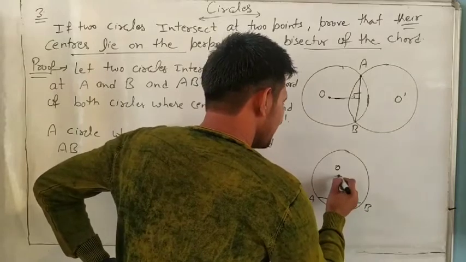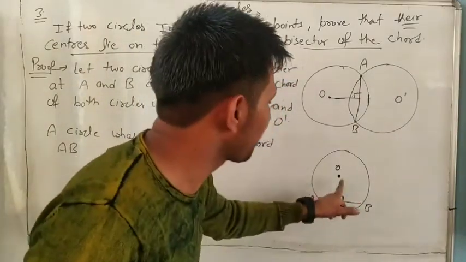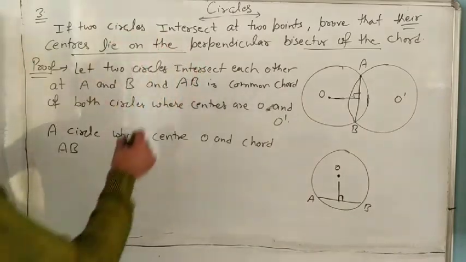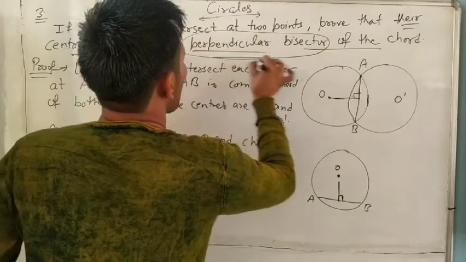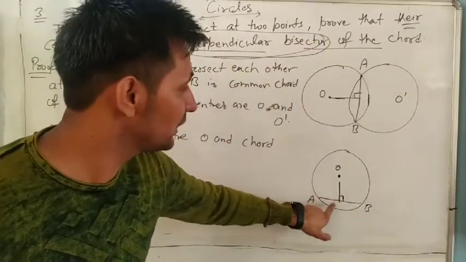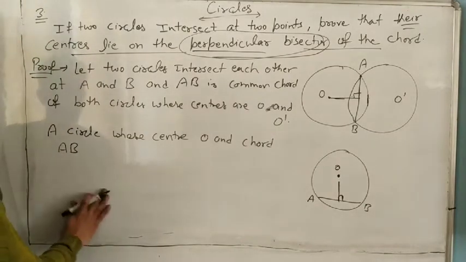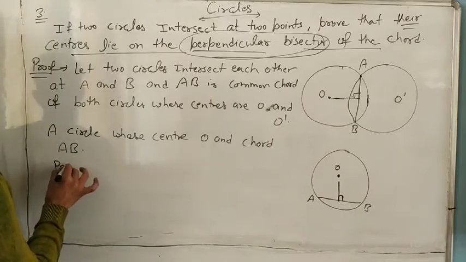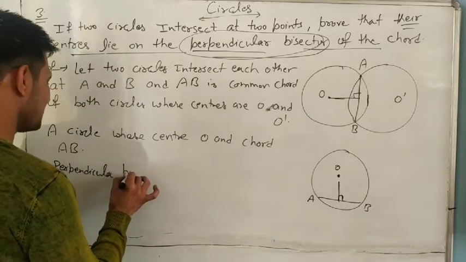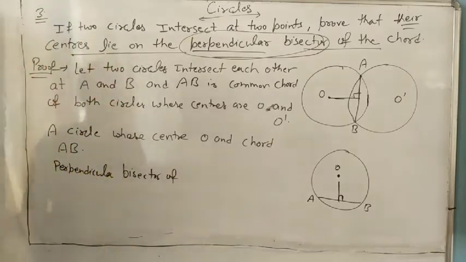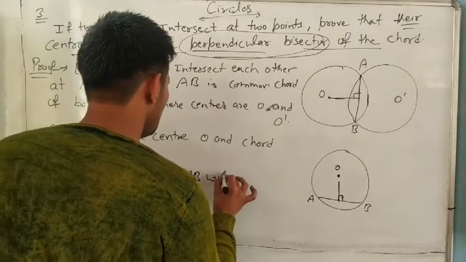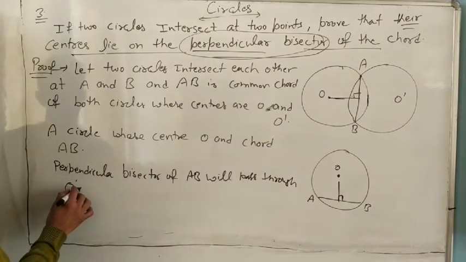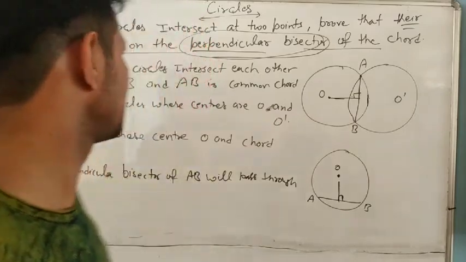If we take the perpendicular bisector of this chord, we know from theorem 10.3 that it always passes through the center. So you can write: the perpendicular bisector of AB will pass through O, because by the theorem we already know the perpendicular bisector always passes through the center.